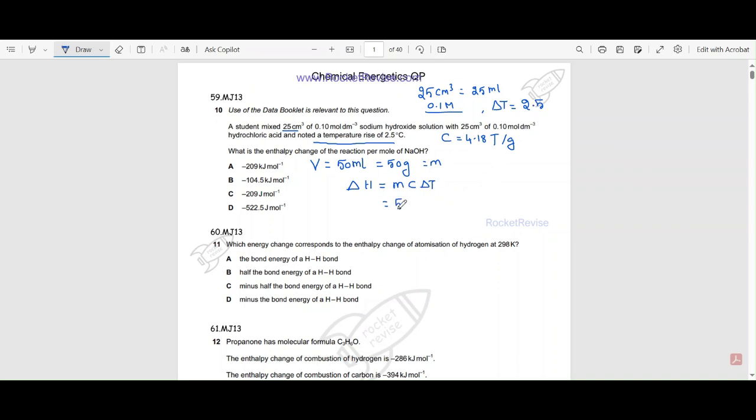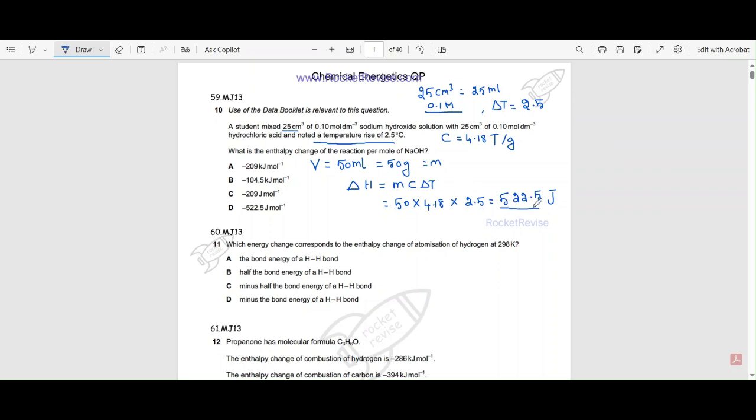So mass will be 50 gram and the specific heat capacity is 4.18, into 2.5. If you calculate that, I think you will get 522 something. Yes, 522.5. So 522.5 joule of energy has been used to raise the temperature by 2.5 degrees Celsius.